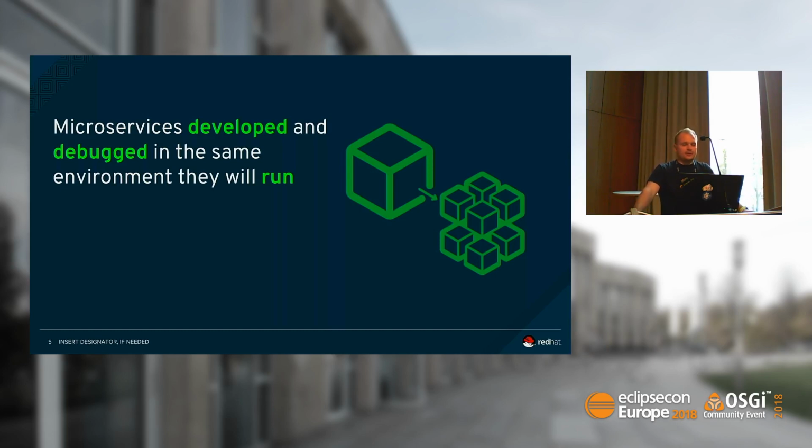But developing microservices locally is quite a challenge because it's difficult to have the same environment that these microservices will use when they're running out there in the cloud. So the second problem that Eclipse Che is trying to solve is development of microservices applications using the same environment they will run in.